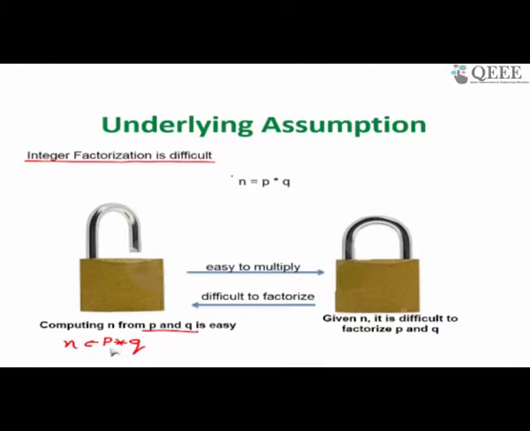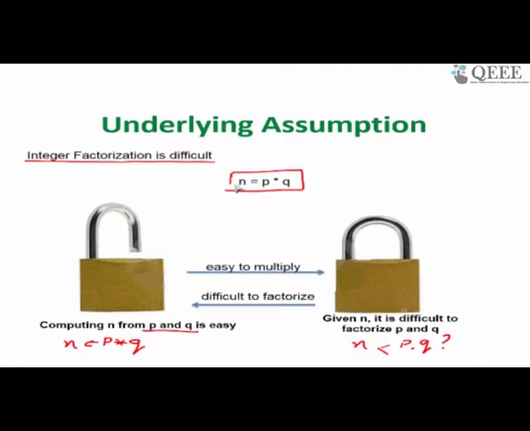Essentially, we just need to multiply these two numbers. However, if you are given just n and asked to find p and q, then it is extremely difficult. It is very difficult to factorize n into p and q, while it is very easy to multiply the two numbers. This basic assumption is the central thing in the RSA algorithm.